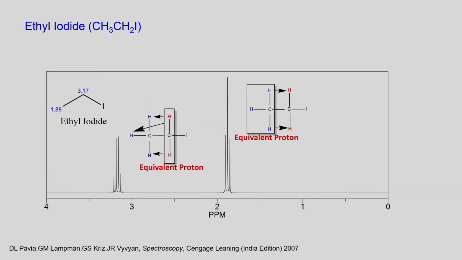Now, let us return back to the ethyl iodide molecule which we just saw. Again, in this case it is the nuclei of protons which are equivalent in nature. So now the issue is, it sees these 3 hydrogen atoms as separate entities.